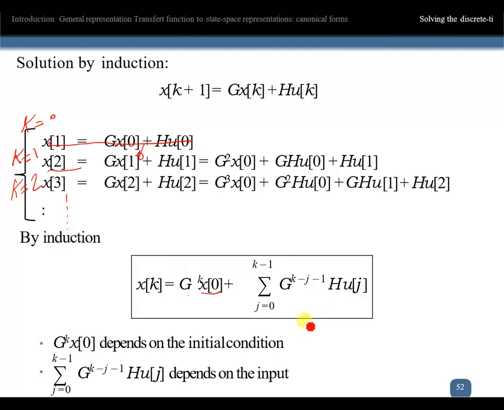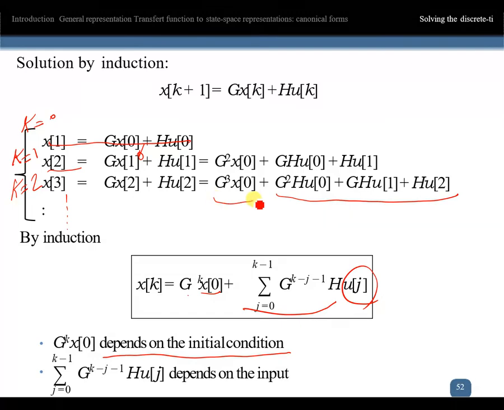It's normal: the G^k x0 term depends on the initial condition, and this sum depends on the input.